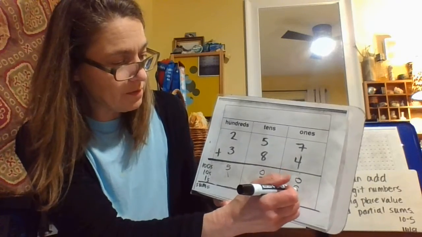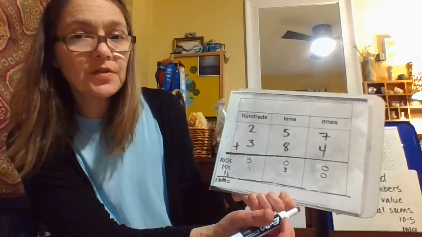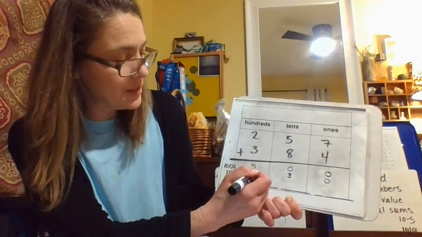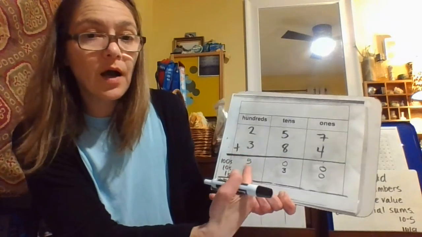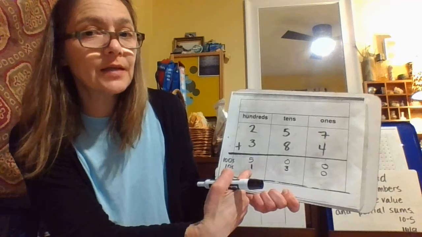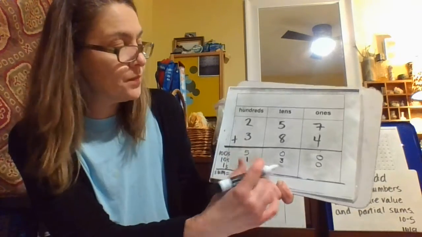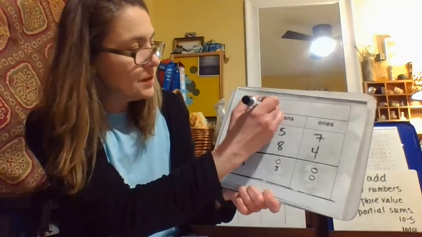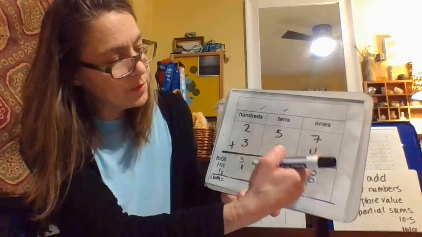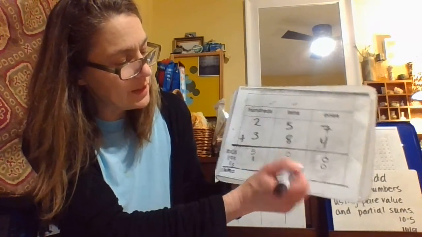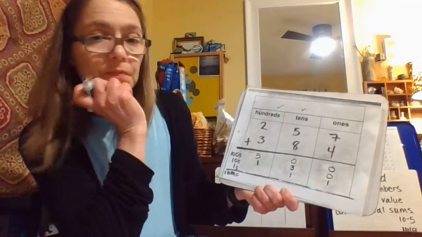And we can't forget the 0 over here, because there's 0 in the ones, but there's 13 tens, which means we've regrouped. We've put 10 tens into the hundreds column. And then the last column is the ones column. And we're going to add 7 plus 4, and we know from our fact fluency that that's 11.